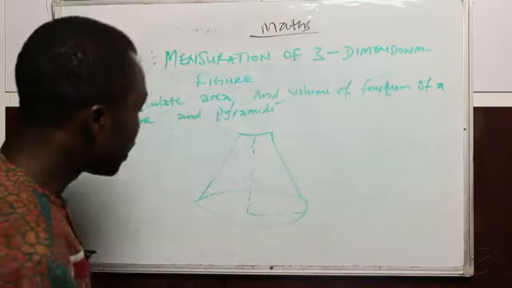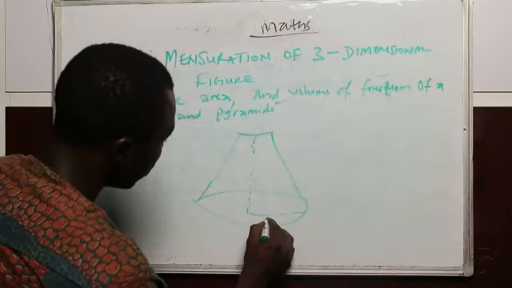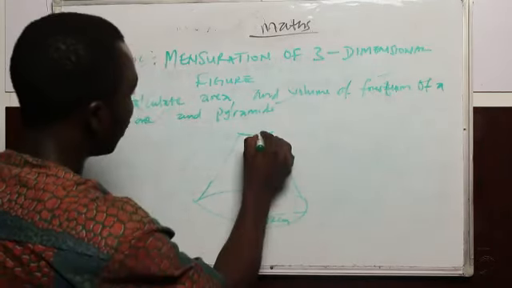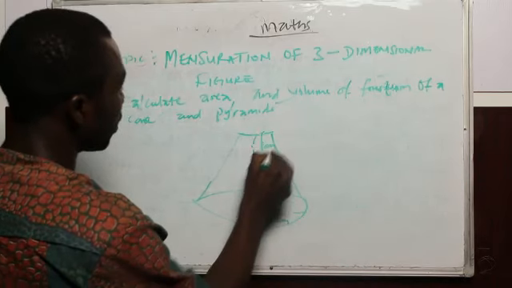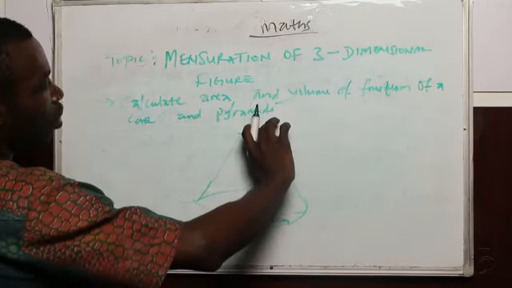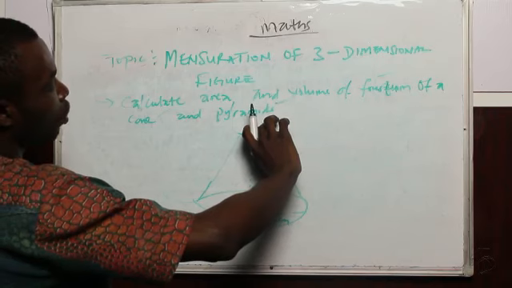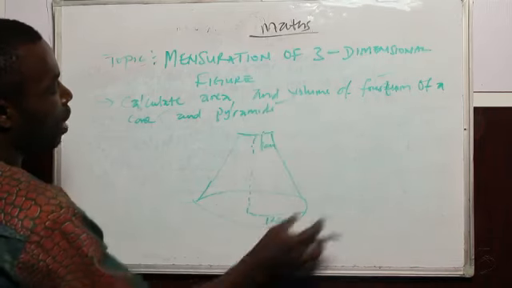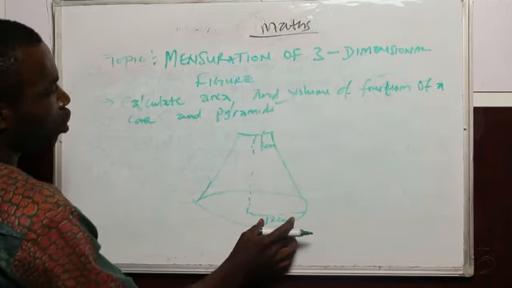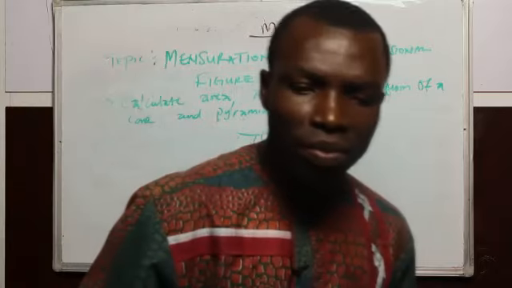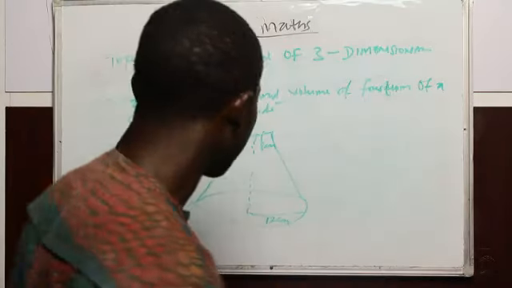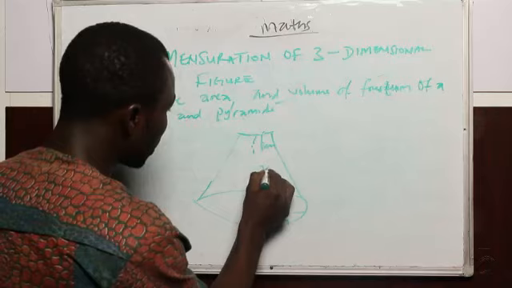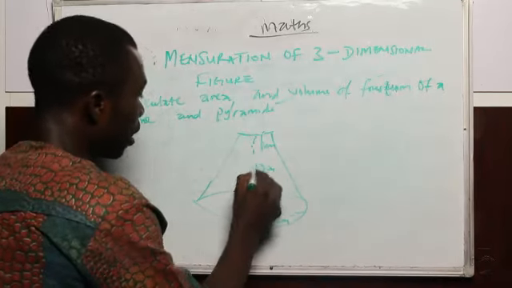The bottom is 12 centimeters and the top is 8 centimeters. This is the radius of the top of the frustum and the bottom of the frustum. Now they gave us a height of 13 centimeters. This is 13 centimeters here.